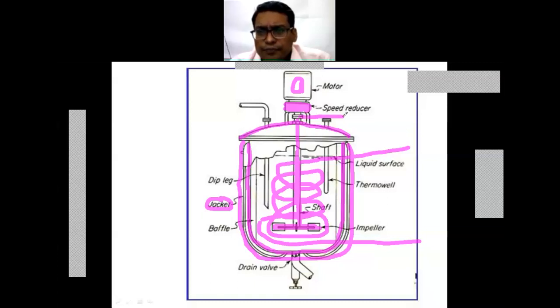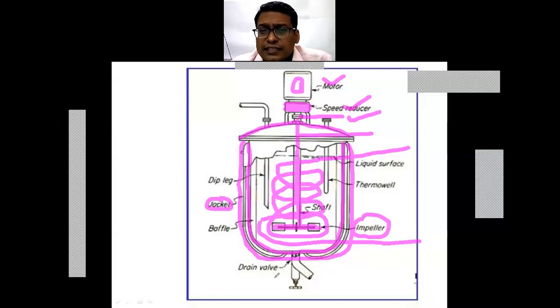So when you talk about the agitator, it is a motor, then the speed reduction chamber, then the coupling, then the shaft, and the impeller. It is an assembly of the impeller, shaft, speed reduction gearbox, and the motor. That assembly is considered as the agitator, and this is all attached to the vessel.